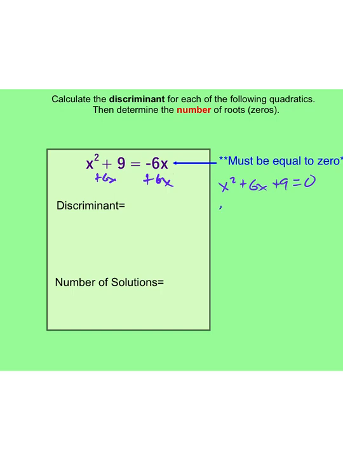Okay, so in this case, now a equals 1, b equals 6, and c equals 9. So if it's not given to you all on one side to begin with an a, a b, and a c, you will manipulate that by adding or subtracting from both sides to get it to equal 0. So again, b squared minus 4ac gives us D equals 6 squared, because that's the b value with the x, minus 4, a equals 1, and c equals 9.